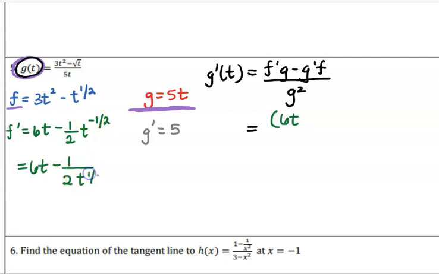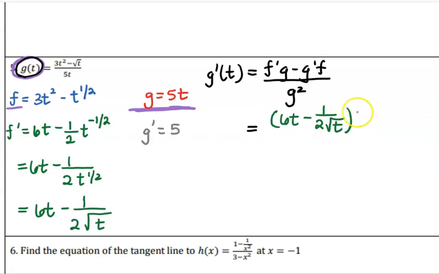I'm going to put that t to the 1/2 in the bottom because it had a negative exponent. And remember that the 1/2 exponent is the same thing as the square root. So I'm just going to go ahead and rewrite f prime as 6t minus 1 over 2 root t, which is what I'm going to put right here for my f prime in my quotient rule formula.